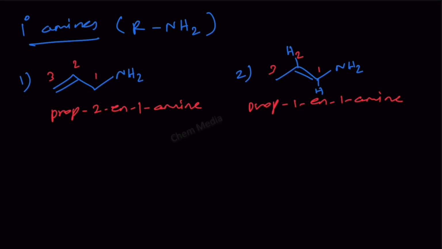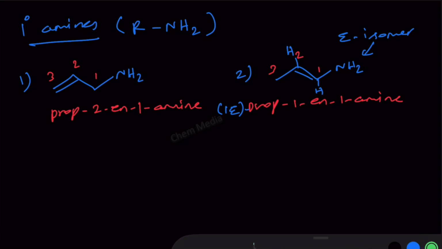The priorities are going to be on the opposite side, so this should be referred to as the E isomer. So the correct IUPAC name for this molecule is (1E)-prop-1-en-1-amine.